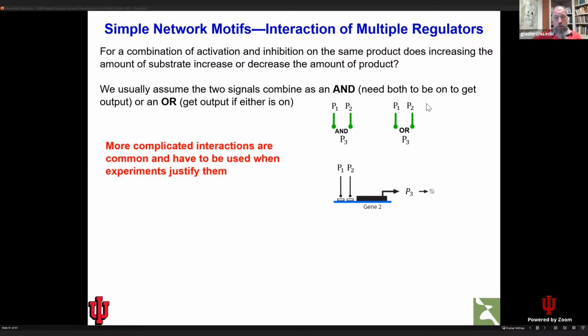And in reality, these simple approximations, and we saw this with what Elmer was talking about, where we had multiple signals coming in to control the same gene, and he was assuming either "and" or "or" interactions for all those signals. That's what we do because we have limited ability to understand, but the reality is more complicated. And in reality, we need to look at experiment and find out what is the interaction.